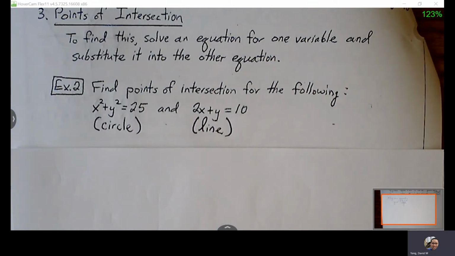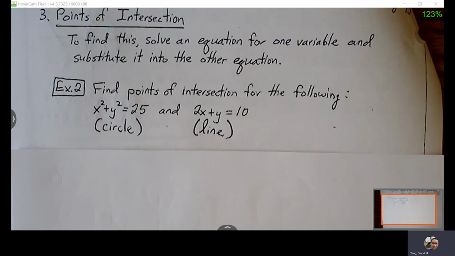Before we jump into the algebra side of things, what are the possible ways that a circle and a line can interact with each other? How many solutions could we potentially have?